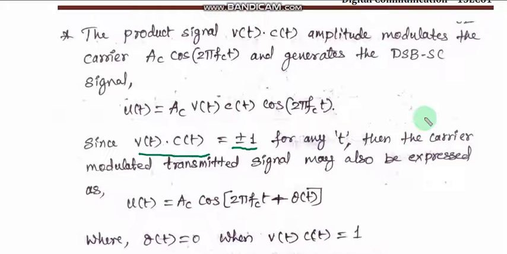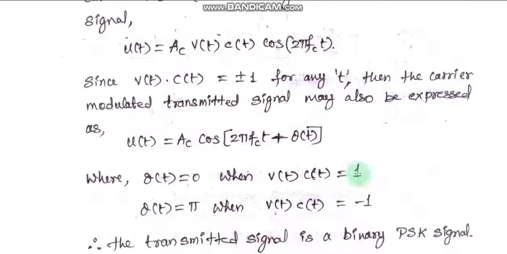Then the carrier modulated transmitted signal may also be expressed as U of t is equal to AC into cos of 2 pi FCT plus theta of t. Here we are trying to prove that this signal is a PSK signal. How? Consider theta of t. Theta of t will be equal to 0 when V of t into C of t is equal to plus 1, and this becomes AC into cos of 2 pi FCT.